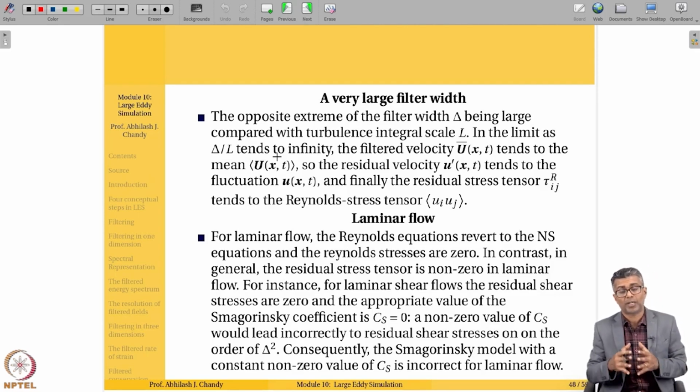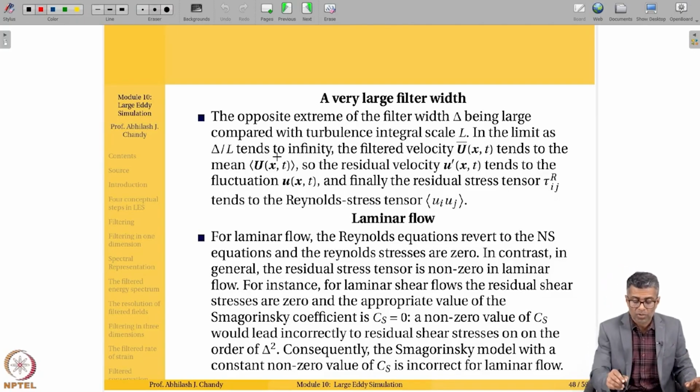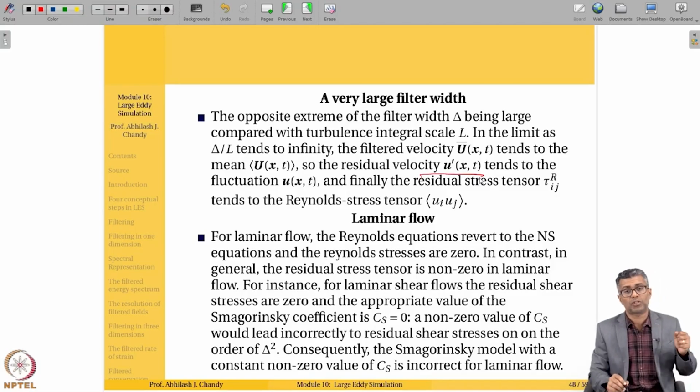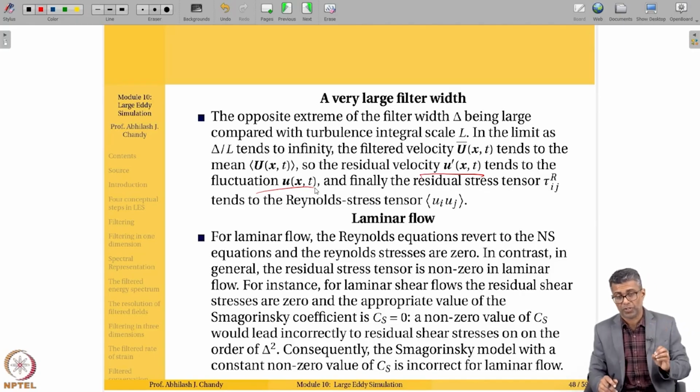You are approaching a RANS. So the residual velocity u prime approaches the fluctuation u of x and t. That is what we used in the Reynolds equations. And finally, the residual stress tensor tends to the Reynolds stress tensor. Those are your two extremes of the limitation in terms of the filter width.